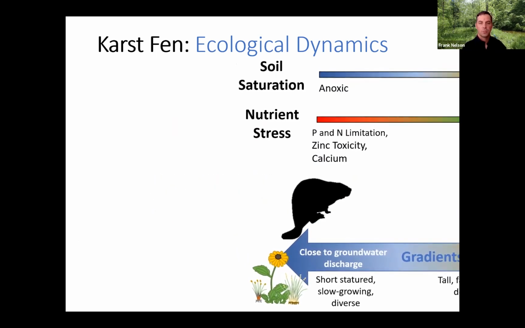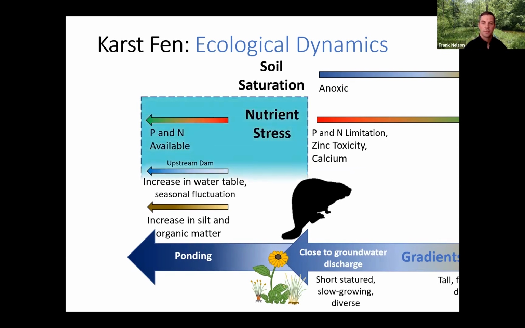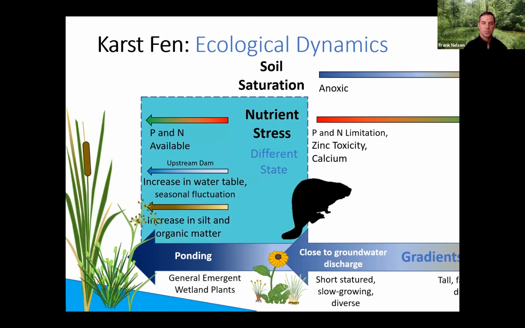And so with beavers damming up this discharge, they create ponding, which increases the silt and organic matter. Also, there's flux in the water table, which increases the nutrients on the other end of the gradient. And so when you get these conditions, you get a different state and these general emergent wetland plants.